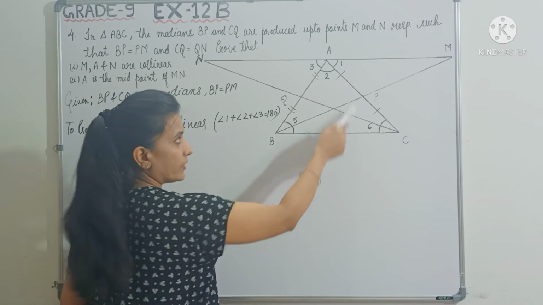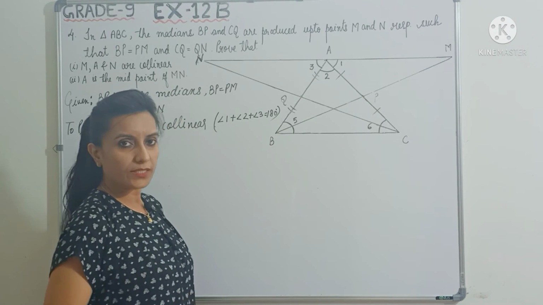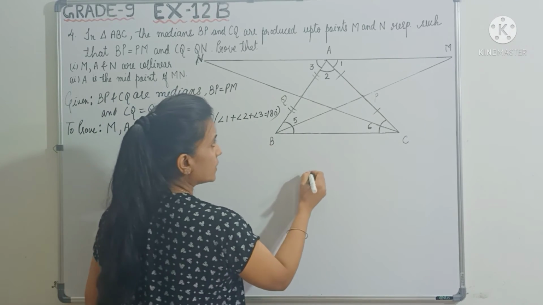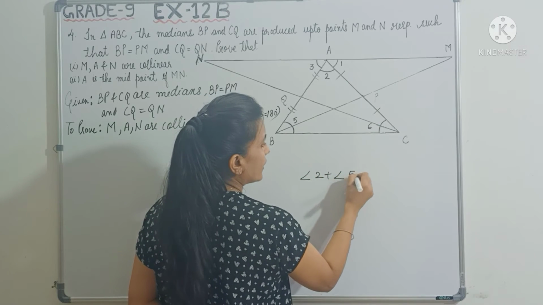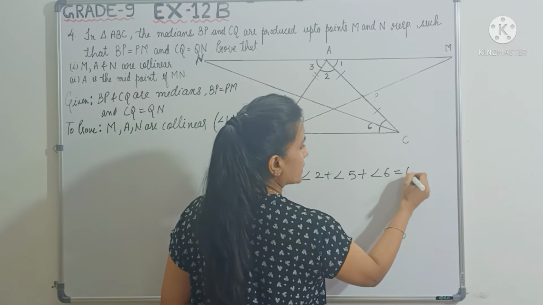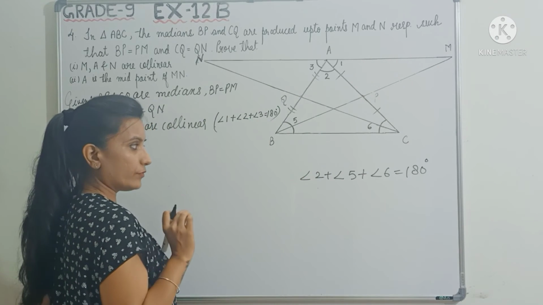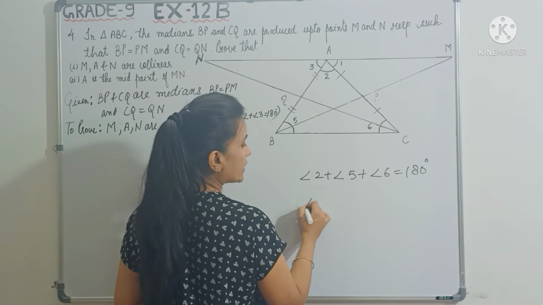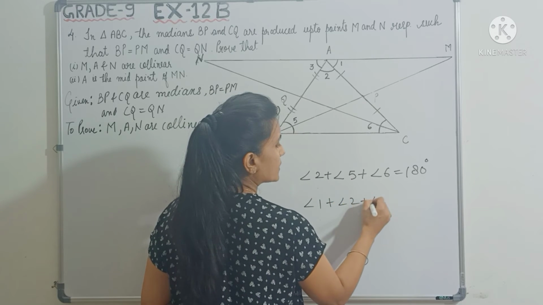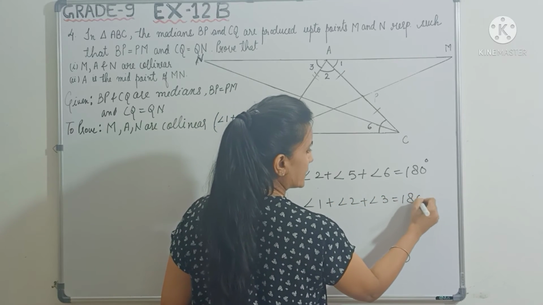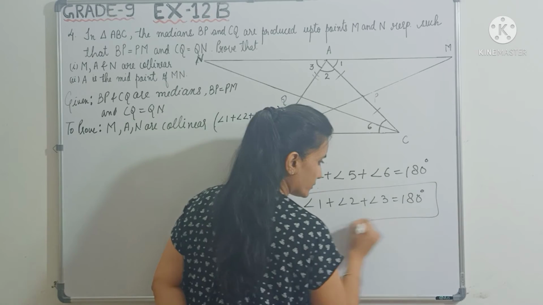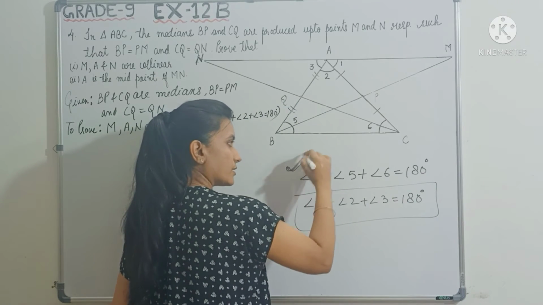Don't you think their sum is also 180 degrees? Angle 2 plus angle 5 plus angle 6 is 180 by the angle sum property, right? And what we have to prove is that angle 1 plus angle 2 plus angle 3 is 180 degrees.